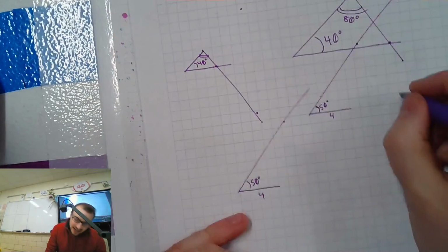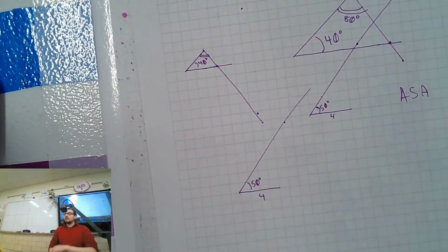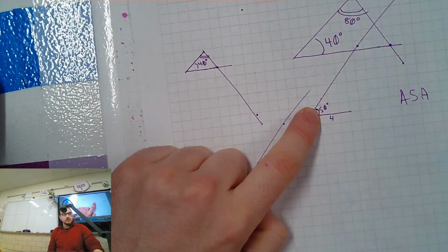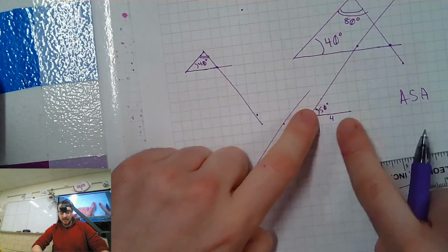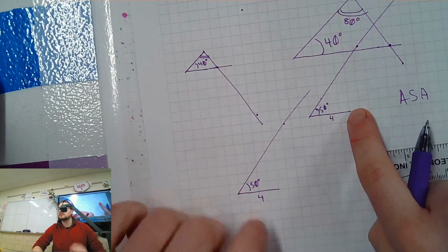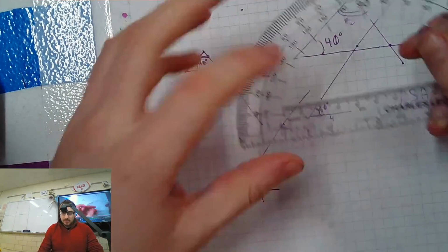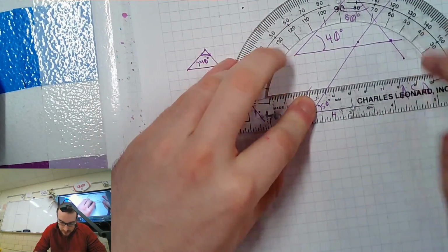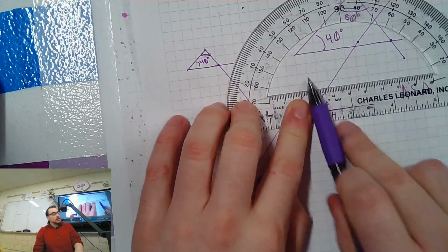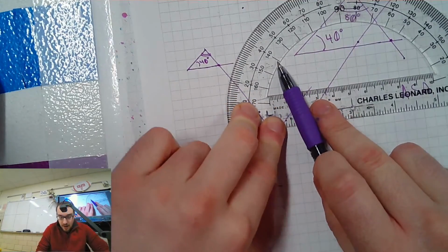So I'm going to try angle, side, angle. That's what I'm looking at right now in that order. So I have an angle here, a side there, so my other angle has to be here. Does that make sense? Angle, side, angle in that order. So let's do 40. So I'm going to go to this end right here and do 40 degrees. Now notice because I'm going to the left on my protractor, 40 is here.